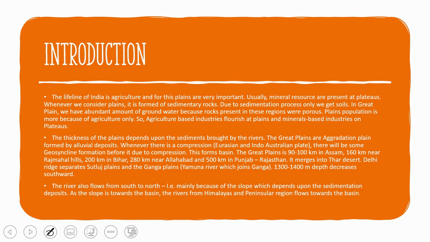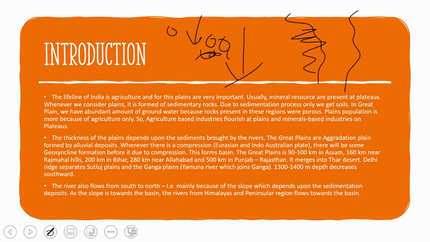When the river flows from the Himalayas, the soils and rocks are very porous, so they absorb the water and the water goes underground. Most of the rivers are present in the plain area and they deposit alluvial soil there, so people can grow food crops.